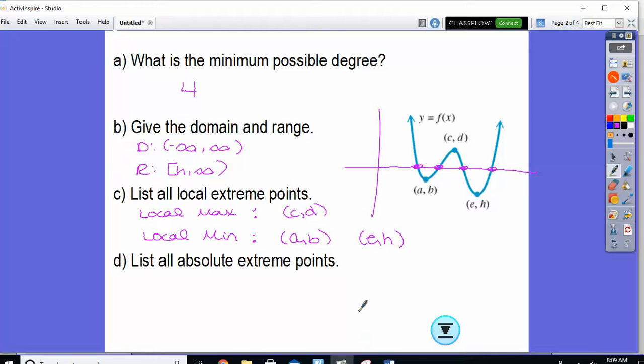Okay, absolute. That's talking about absolute max, absolute min. That's the highest or lowest on the entire graph. Is there a highest on this entire graph? No, because the ends keep going up. So we'll never hit the highest, so there is none. What about the absolute min?